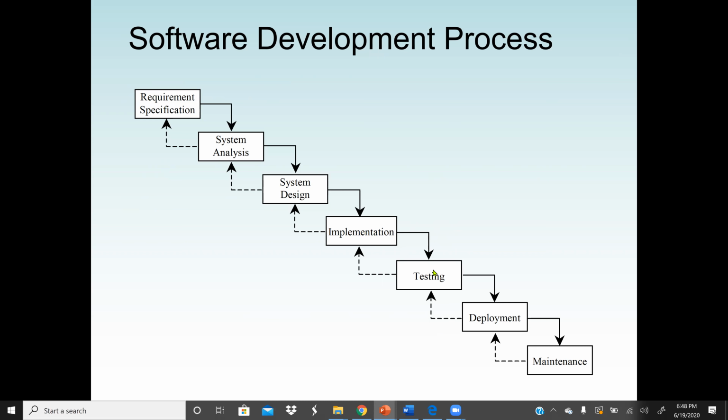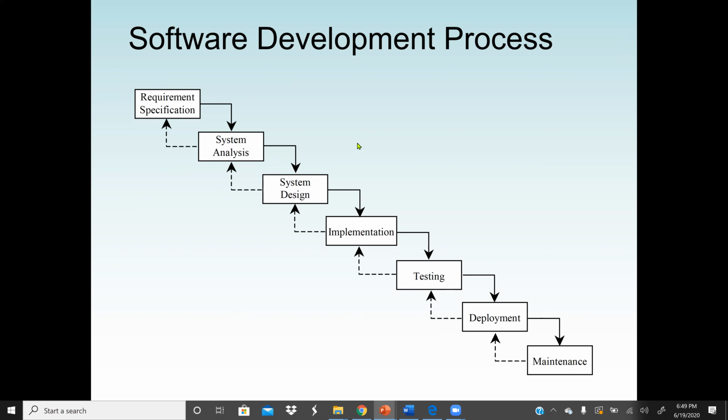There are many different types of testing, such as unit testing, integration testing, black box testing, alpha testing, and beta testing. If we test the system and the system is okay, then we deploy it, we put the system into operation. Along the way, we may do maintenance of the system while it is in operation.